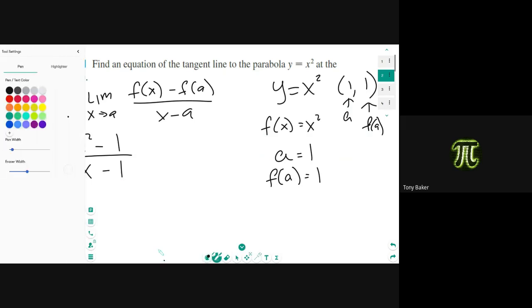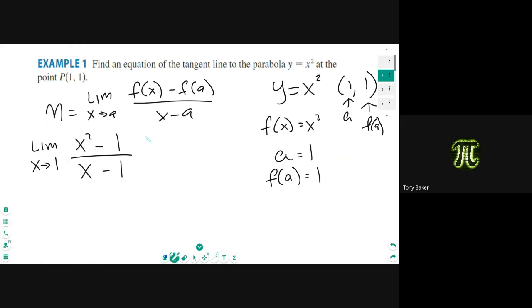What's factoring the top going to give me? And then I can cross that and that off, right? So then I have the limit as x goes to 1 of just x plus 1, which is 2. So that's m.